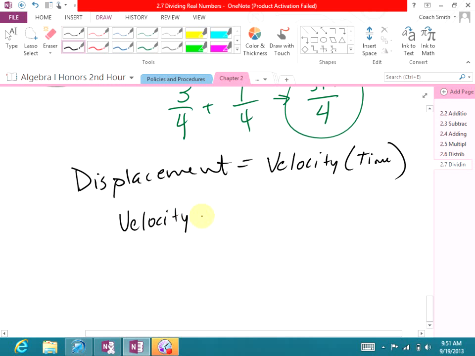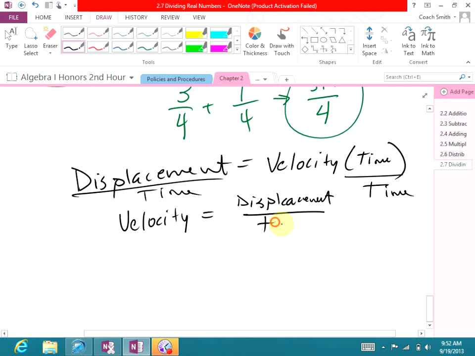So to find velocity, I have to divide by time on both of these sides to get velocity by itself. So velocity then is going to equal displacement over time.